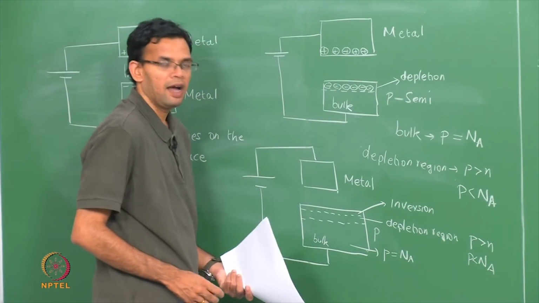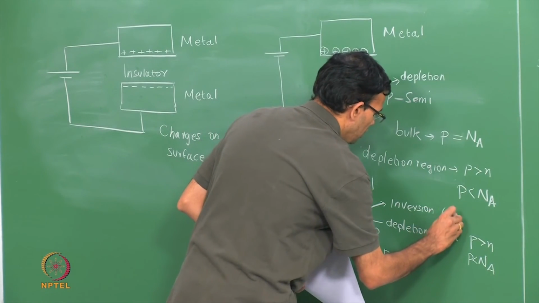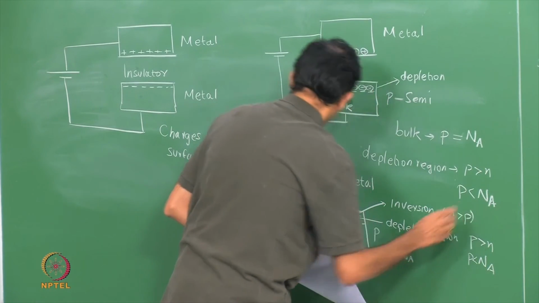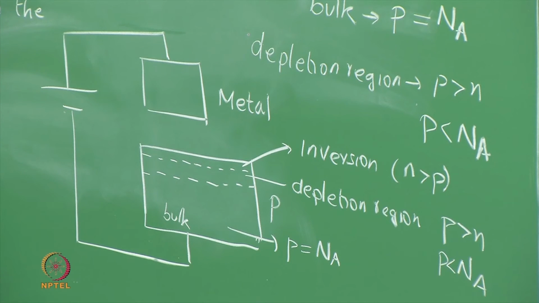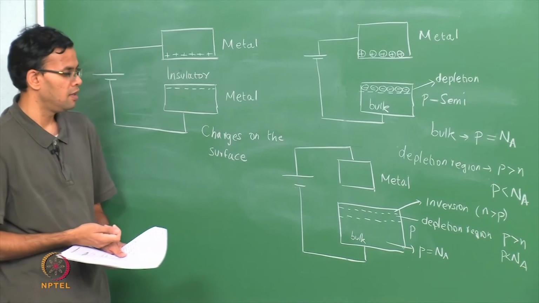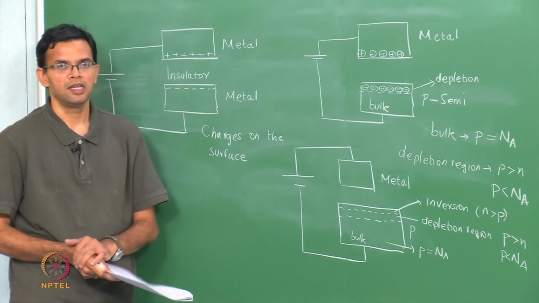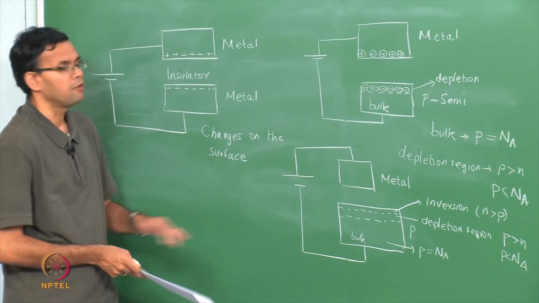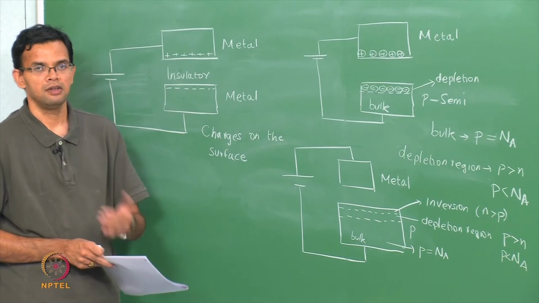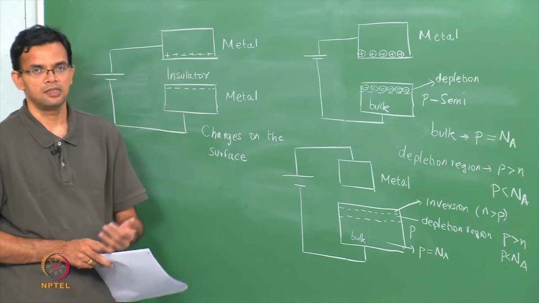And finally, I have an inversion region where N is greater than P. So, in the case of a p type semiconductor, I have formed an N channel by applying a negative bias to the semiconductor. This is the principle of your metal oxide semiconductor, which we will use in the transistor.